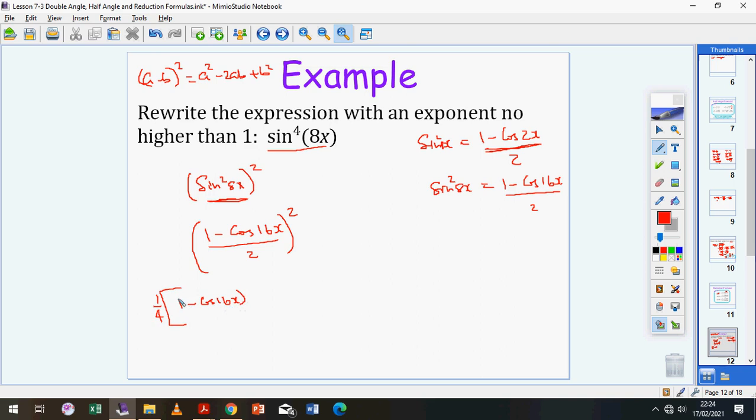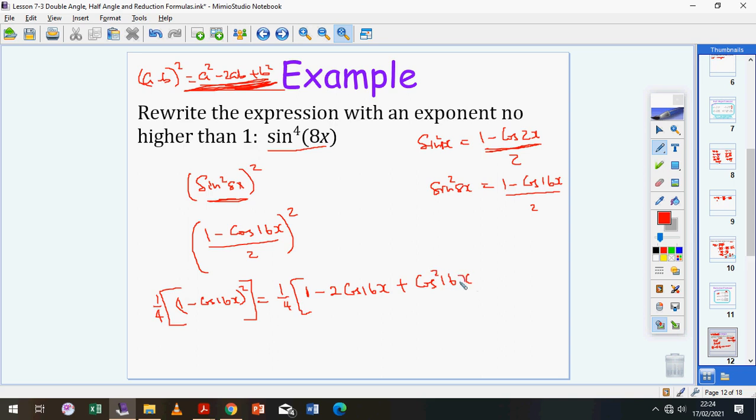That is going to be, again, don't forget the quarter. And how did you get the quarter? You squared the denominator, which was the 2. That's how you got the quarter. So when I square 1 minus cosine 16x, using this expansion rule, I'll have 1 minus twice cosine 16x plus cosine squared 16x.